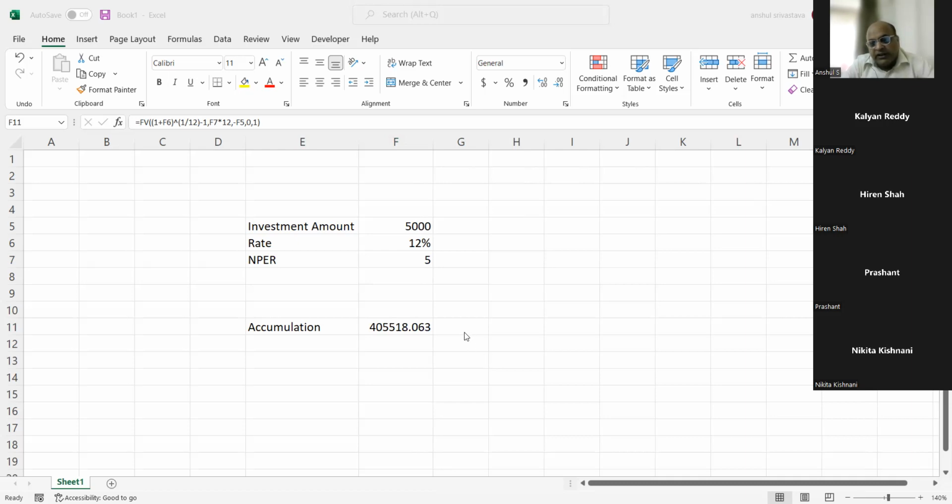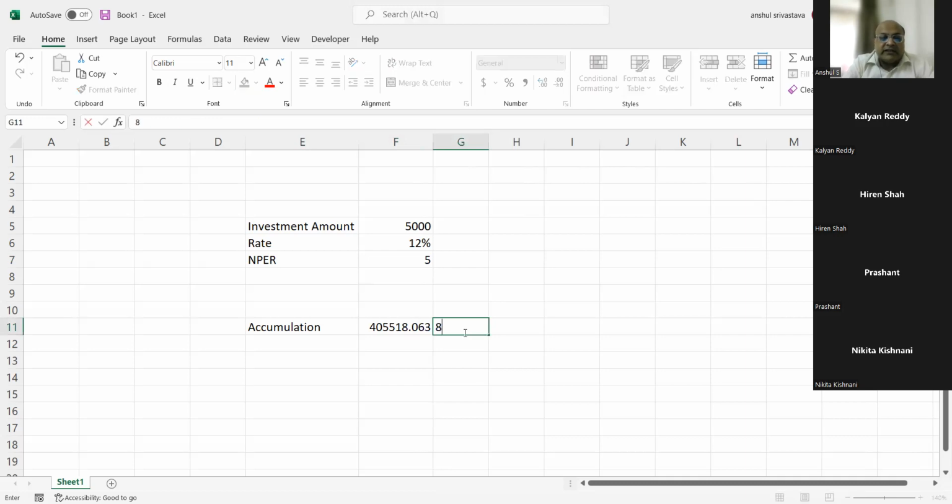So we'll put rates in the same row as the result. We are looking at 3 scenarios: 8%, 12% which we did, and 16%. These are the 3 rates that we have taken.